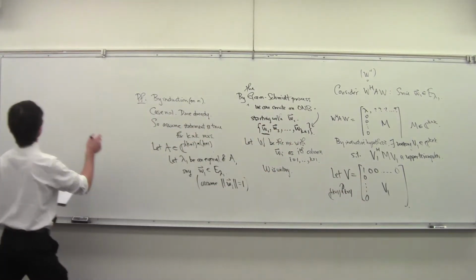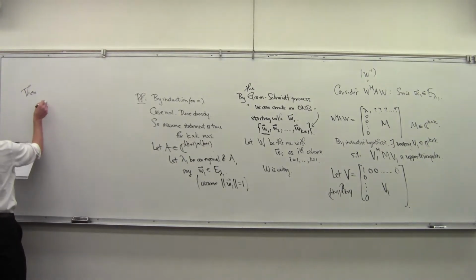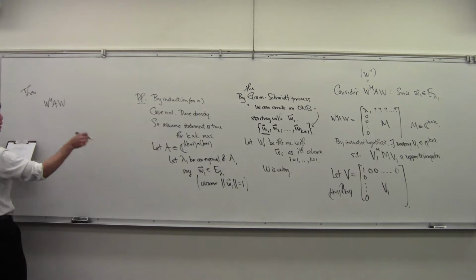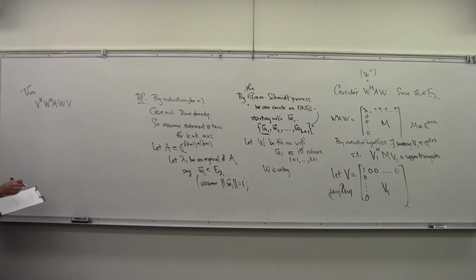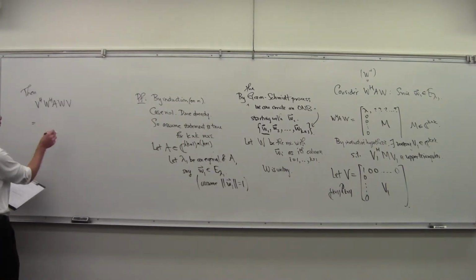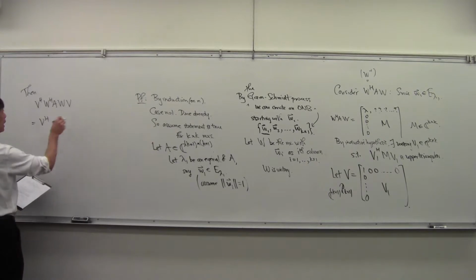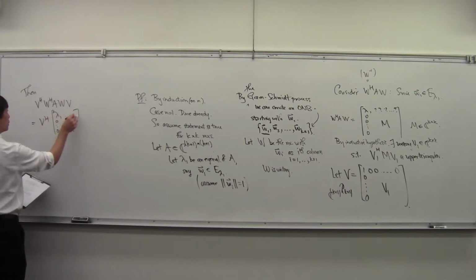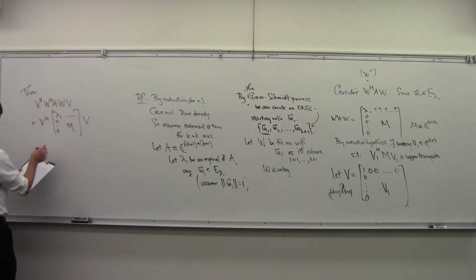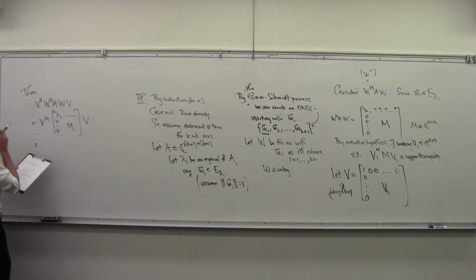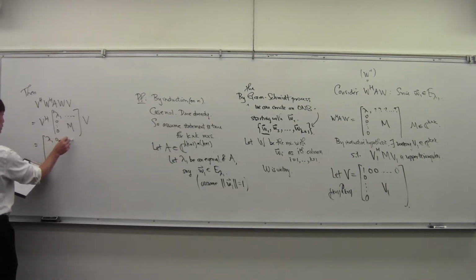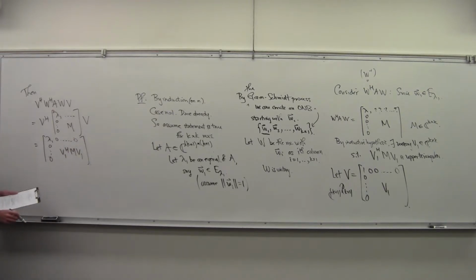What we're going to do is take W^H A W and conjugate it by V. This thing will equal V^H times that guy times V. But when you do that, you end up with lambda 1, some stuff up here, and V1^H M V1.